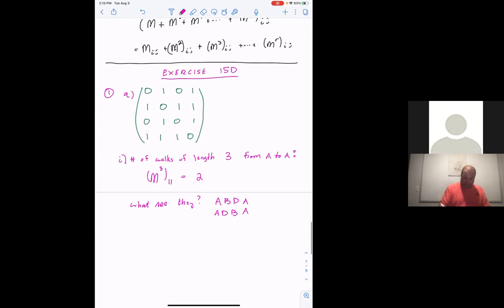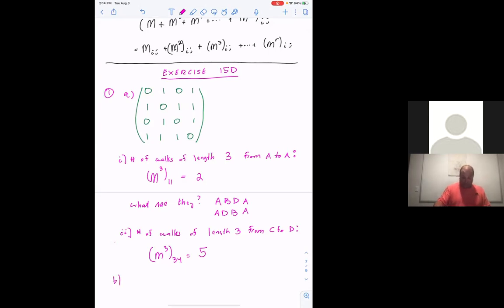They also wanted something else for part double I: the number of walks of length 3 from C to D. So I go to the 3rd row, 4th column, and look at M cubed 3, 4. There are 5 walks from C to D. I'm not going to ask you to write them out.